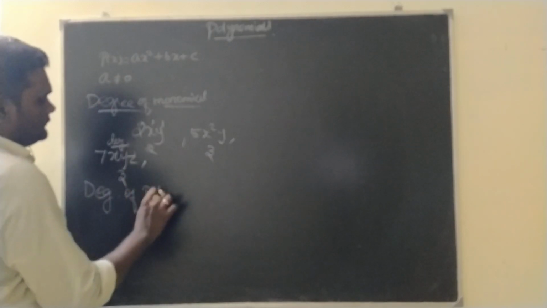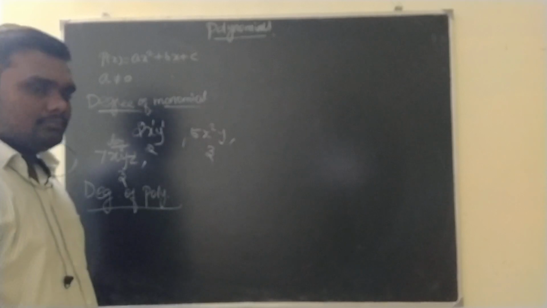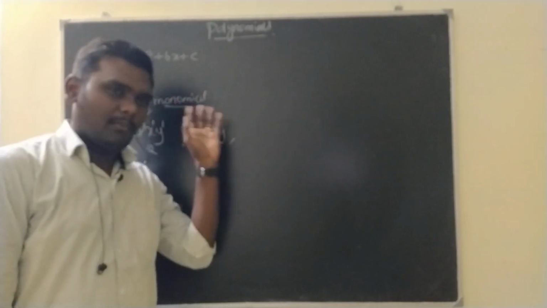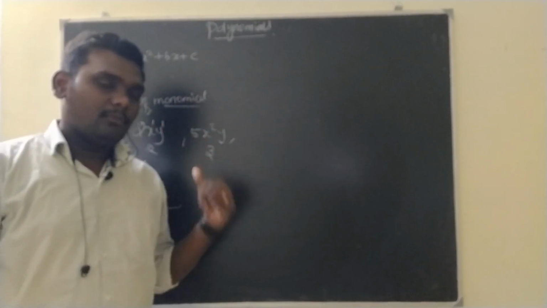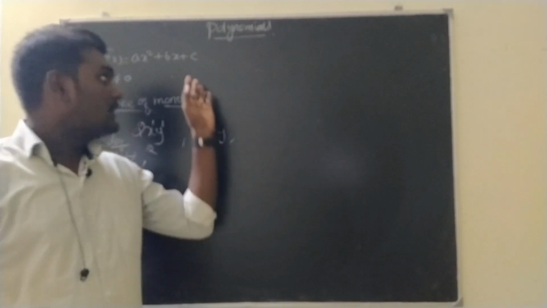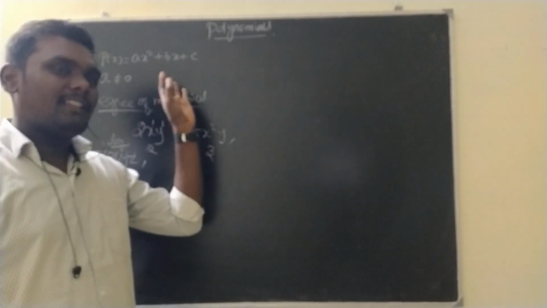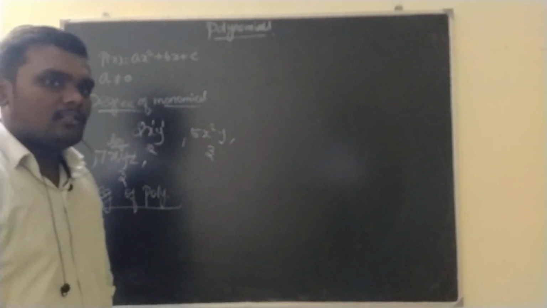When it comes to the degree of a polynomial, I hope we have covered the general form of a polynomial there itself. The difference between that and this one is, from a polynomial expression to a polynomial, a slight difference. We name it and we restrict the leading coefficient from becoming 0. That is the difference. Okay.